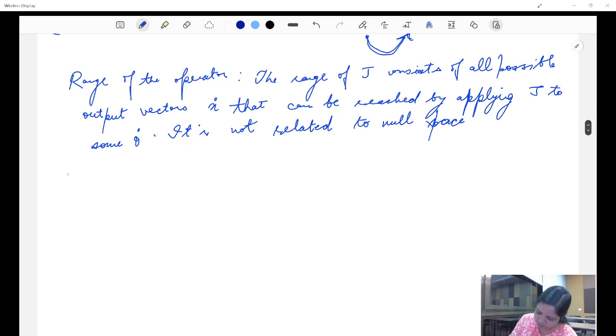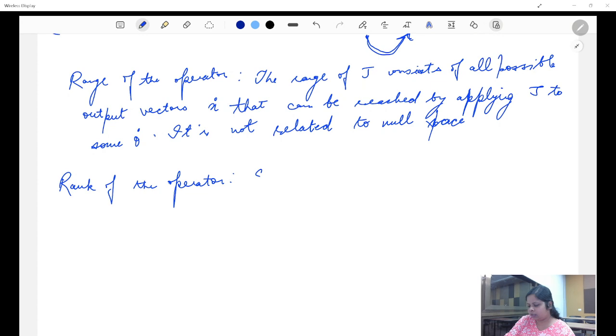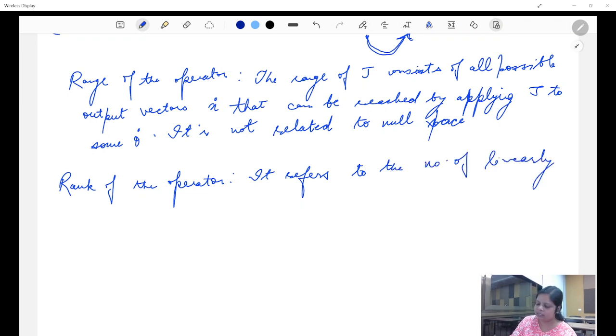Then rank of operator. It refers to the number of linearly independent columns or rows. I hope it is clear to you already because this is a part of linear algebra. For Jacobian, if you try to find out what are the columns or rows, then you can find out how many independent motions are there that affect the output, but it does not describe the null space.